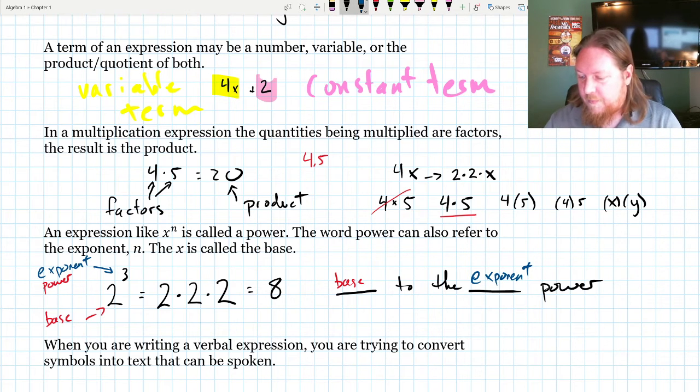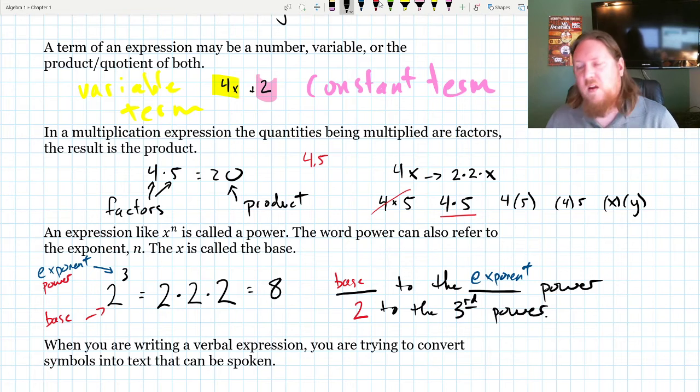So for this example, I keep saying 2 to the third power. That's the sentence that I use.